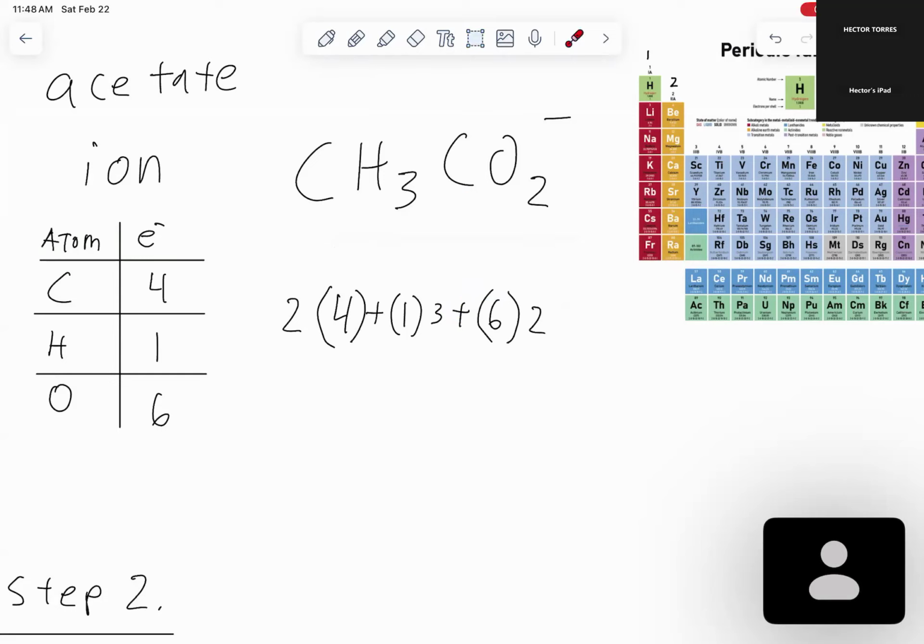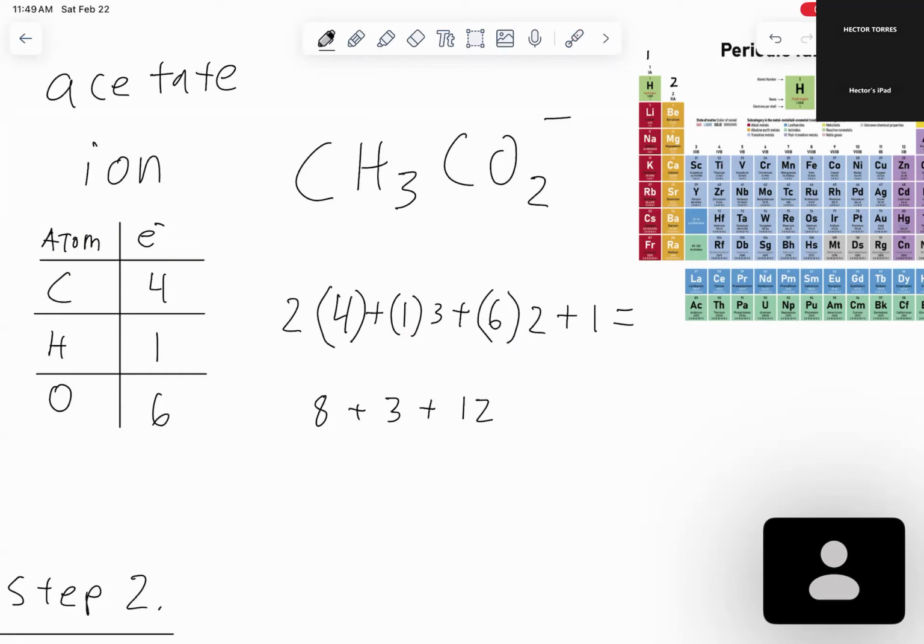The last thing to take into account is this negative charge. A negative charge on an atom or molecule means there is 1 extra electron compared to the neutral atom or molecule. So we're going to add 1 to get our total valence electrons. I'm going to multiply it out so it's easier to add together. 2 times 4 gives us 8, 1 times 3 is 3, and 6 times 2 is 12.